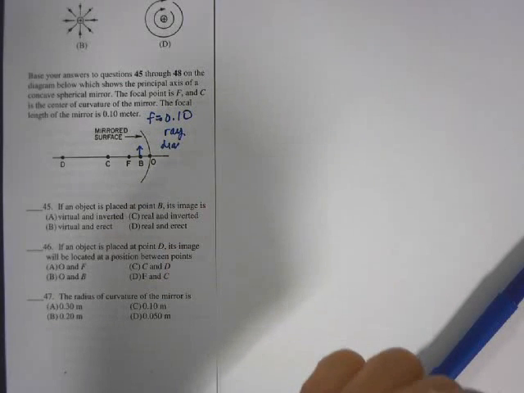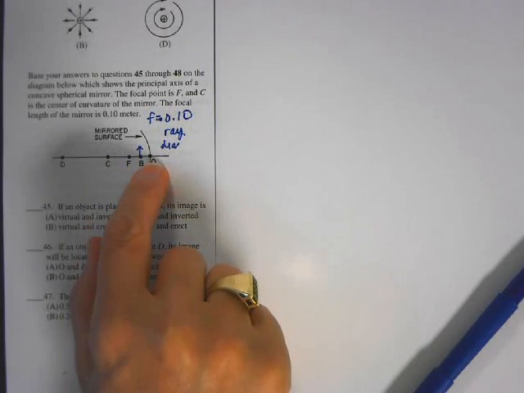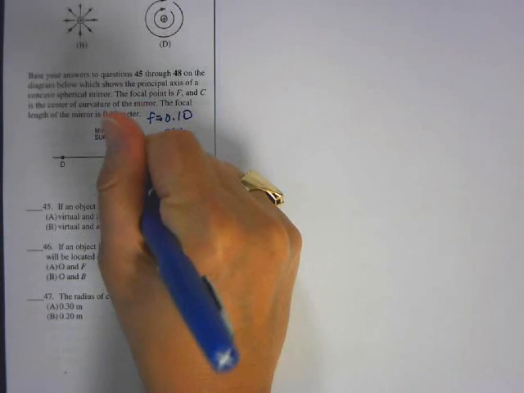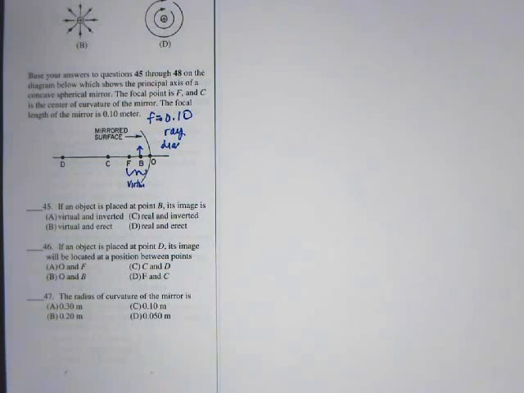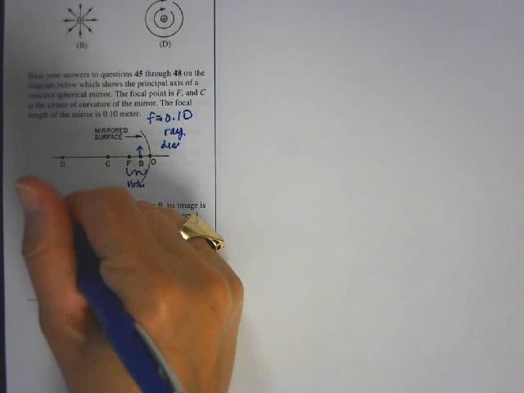If it's in between the focal point and the center of curvature, it's real. But if it's in between the focal point and the mirror here, it's always going to be virtual. So you could either look at the table or you could just draw the ray diagram. So this one is going to be virtual and erect.